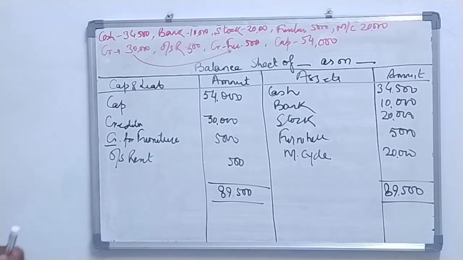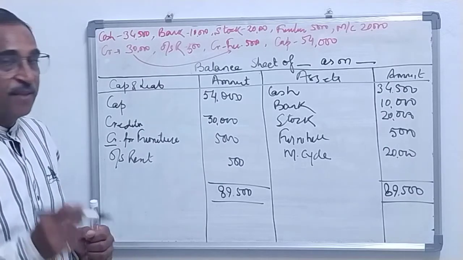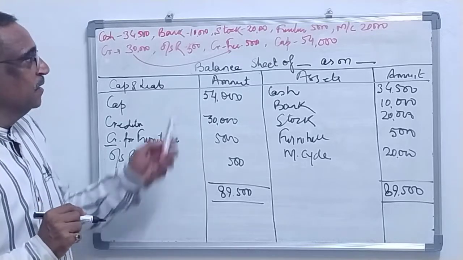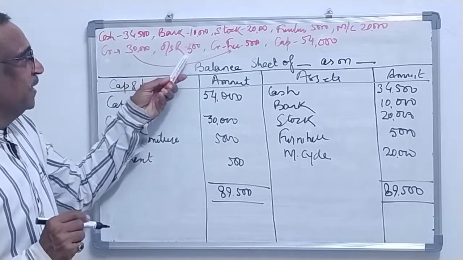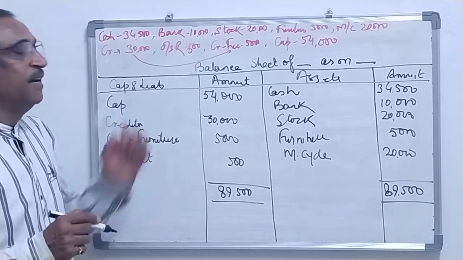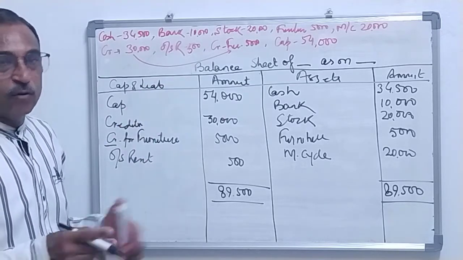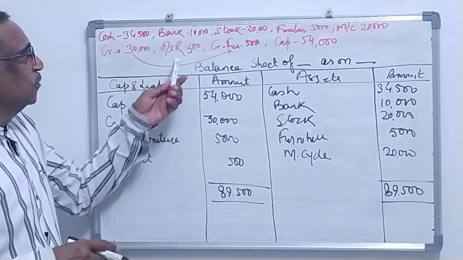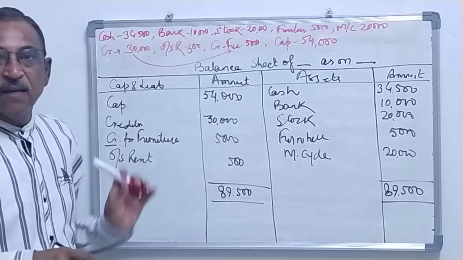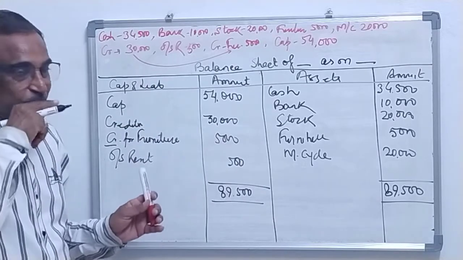Okay, this is how the balance sheet has to be prepared. Now let me tell you one thing. I made a mistake. I took the outstanding rent as 500 instead of 100. Actually in the book it was 100, but due to a mistake I wrote 500. Hence I have done the question accordingly.